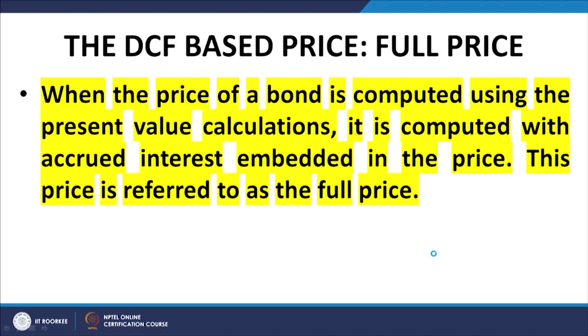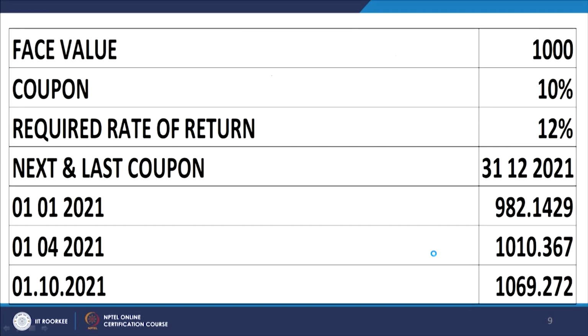Let us try to understand this with an example. Let us consider a bond which has a face value of 1000, the coupon rate is 10% payable annually. The required rate of return on this bond is the market rate, that is given as 12%, and the next and last coupon payment on this bond is on 31/12/2021. So, the final payment would be how much?